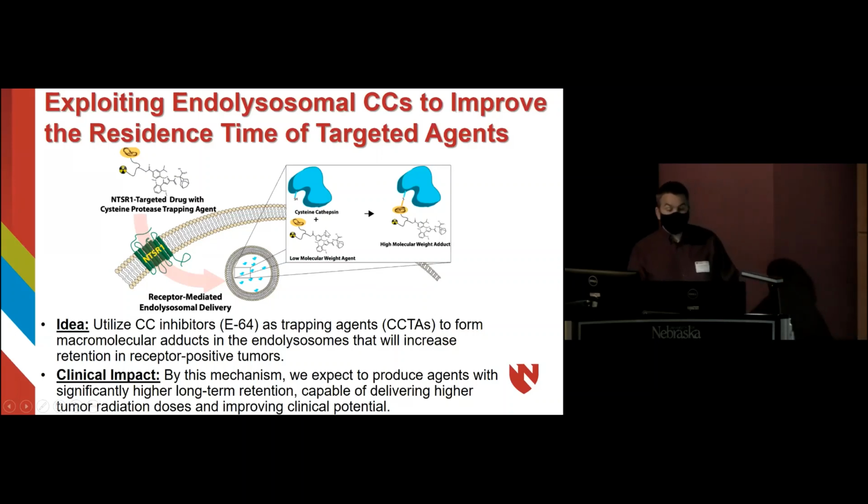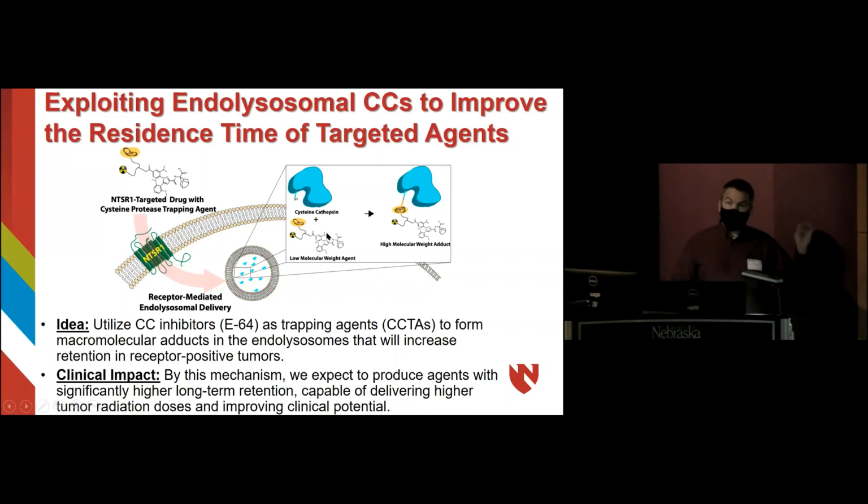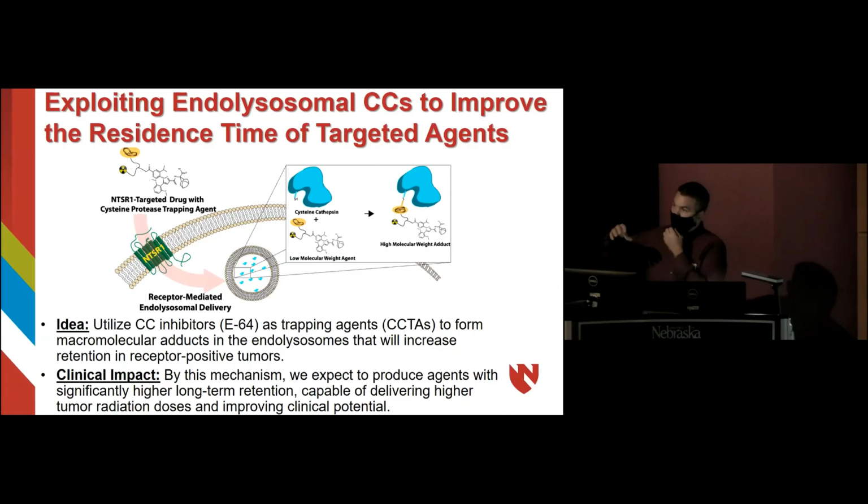So you're going from a drug that has a low molecular weight and has a relatively high diffusion rate from the tissue, and you're going to a high molecular weight adduct, which has a much lower diffusion characteristic, right? And so by this, we expect to produce agents that have significantly higher long-term retention and are capable of delivering higher tumor radiation doses and improving clinical potential, not just for NTSR1 targeted drugs, but for a wide variety of receptor targeted drugs.